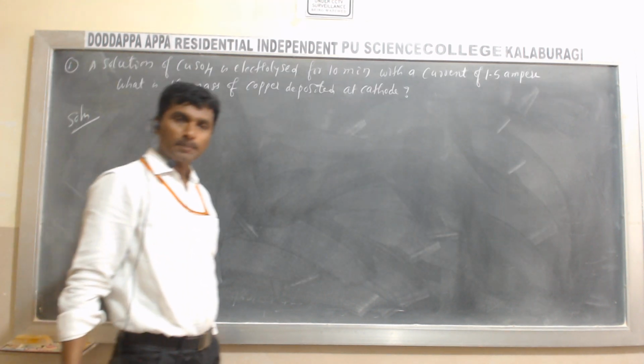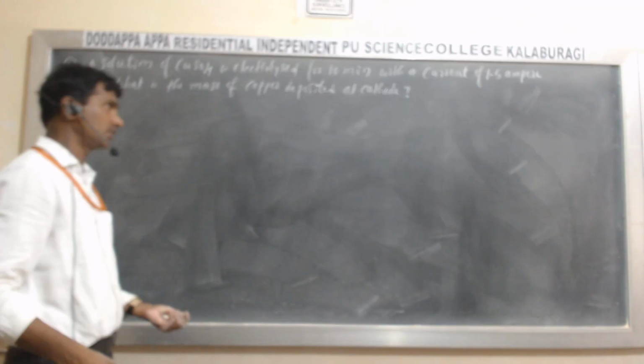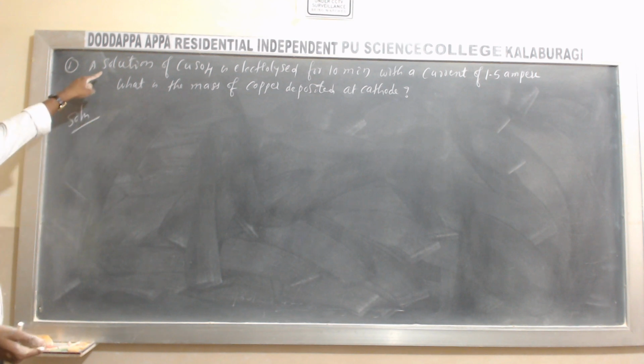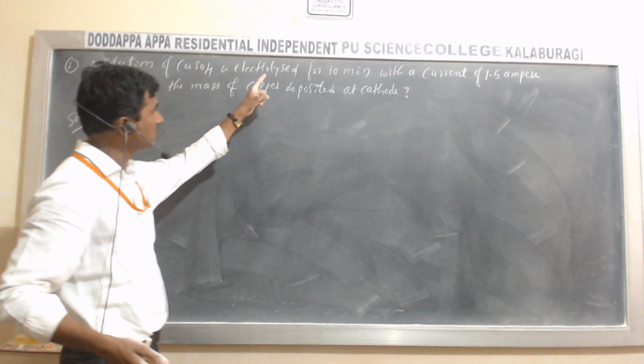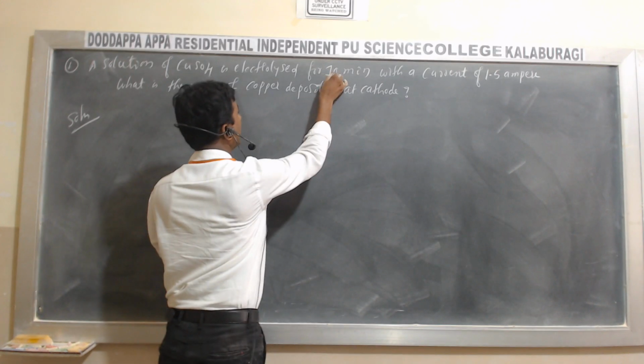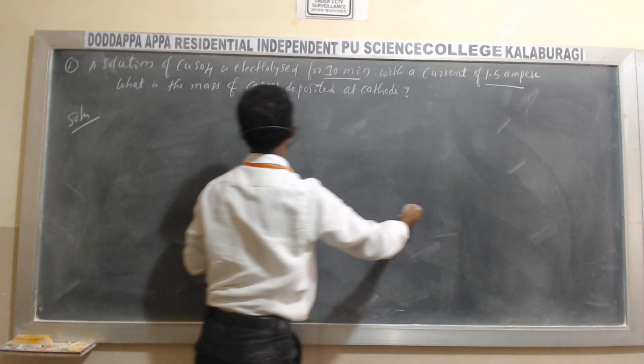Now the problems based on Faraday's first law of electrolysis. These are very important from the annual examination point of view. A solution of copper sulfate is electrolyzed for 10 minutes with a current of 1.5 ampere.